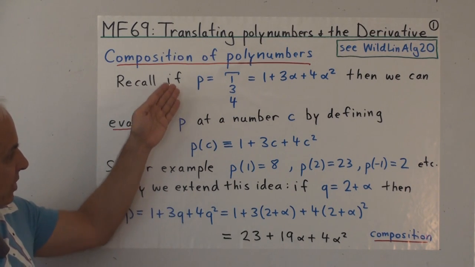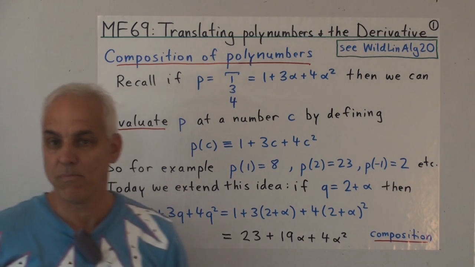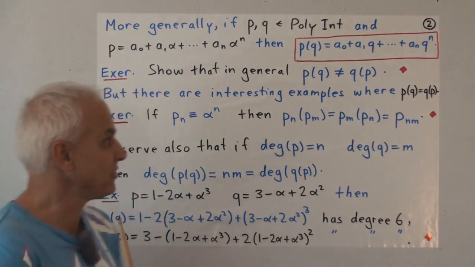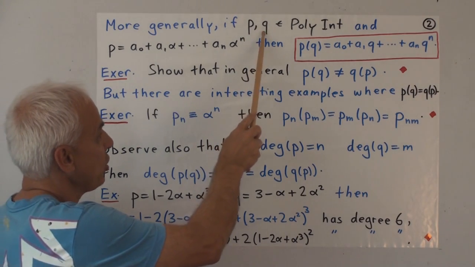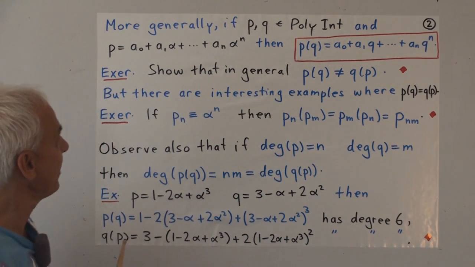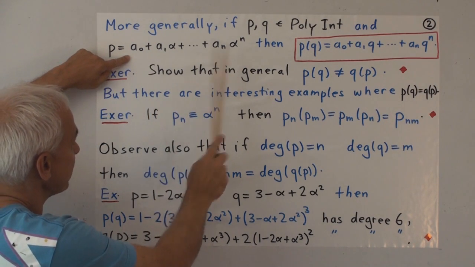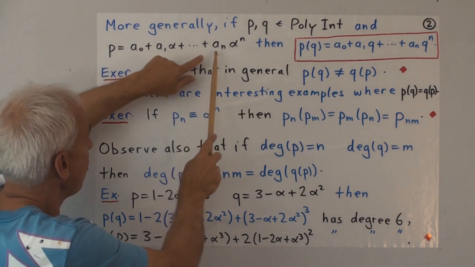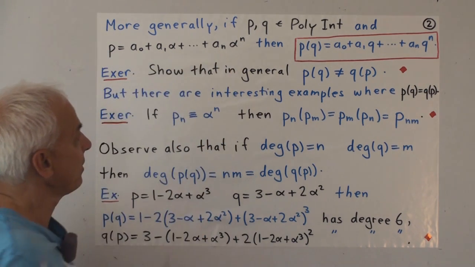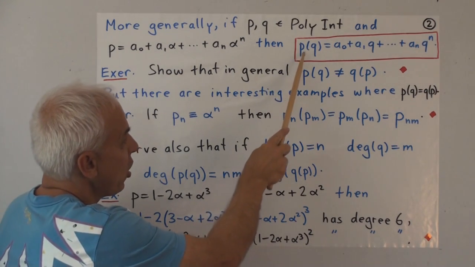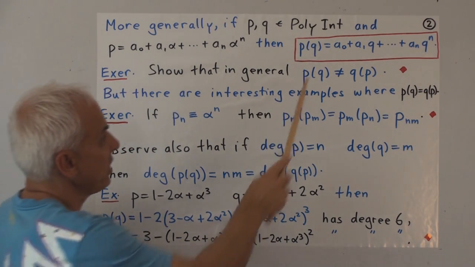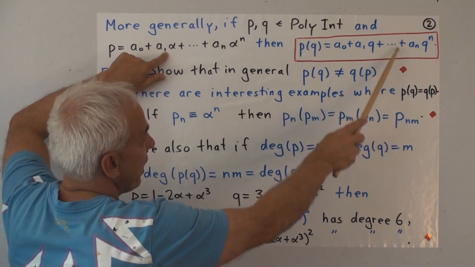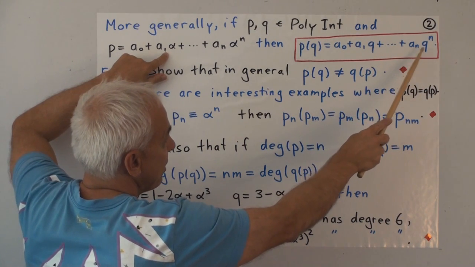All right, so we've defined composition of two polynumbers. Somewhat more formally, what we have defined amounts to this: if P and Q are integral polynumbers, and if P has this particular form in standard alpha form, so A0 plus A1 alpha all the way up to An alpha to the n, then what P of Q is by definition is A0 plus A1 Q plus A2 Q squared, and so on, all the way up to An Q to the n.